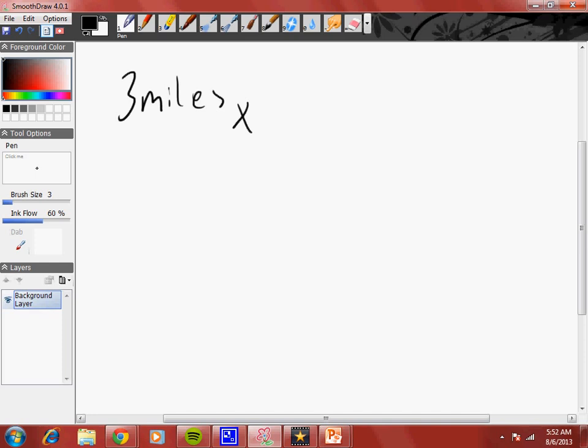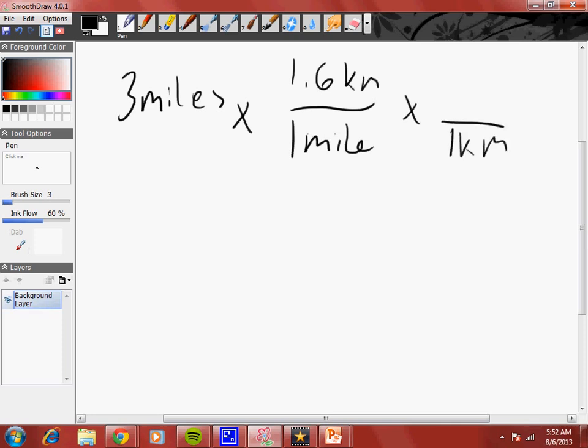So if I want to turn 3 miles into meters, I first want to turn it to kilometers because I know that 1 mile is 1.6 kilometers.